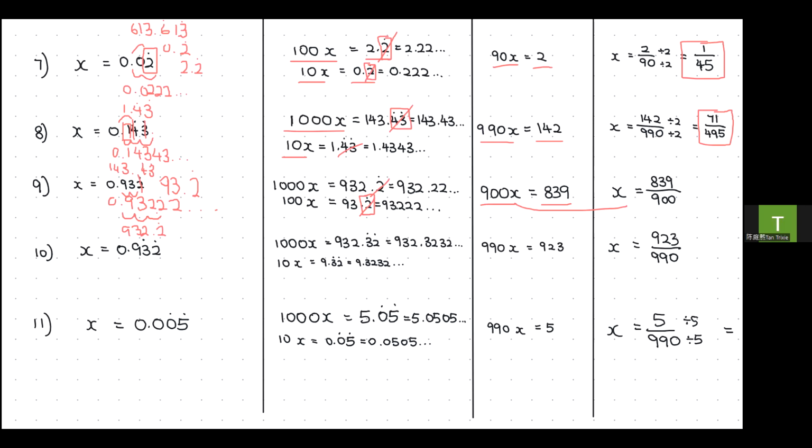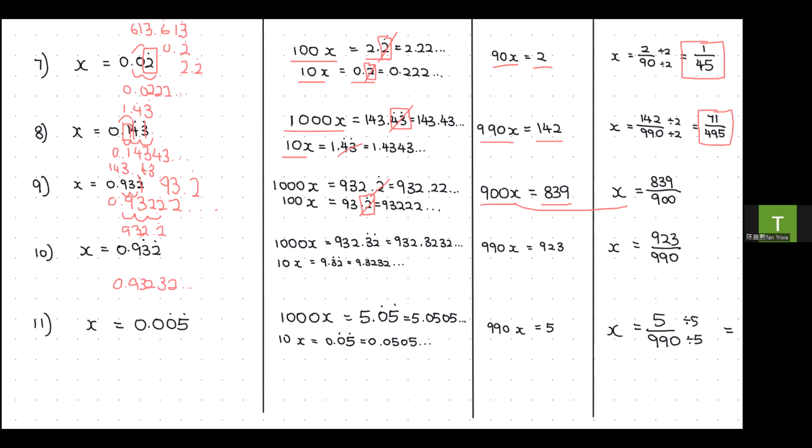Question 10, x equals 0.932 with dots on top of 3 and 2. So it will be 0.93232, repeating the decimal 32 only.